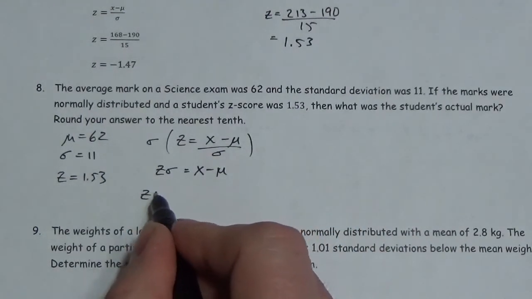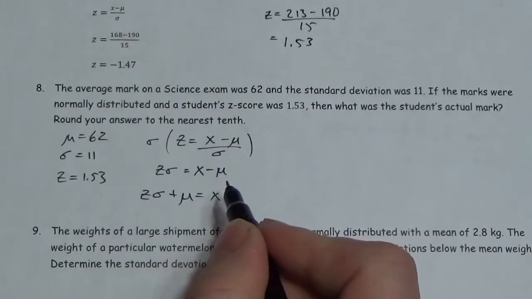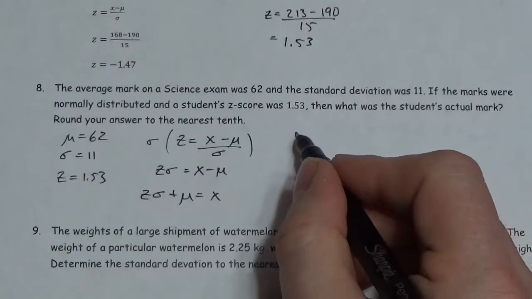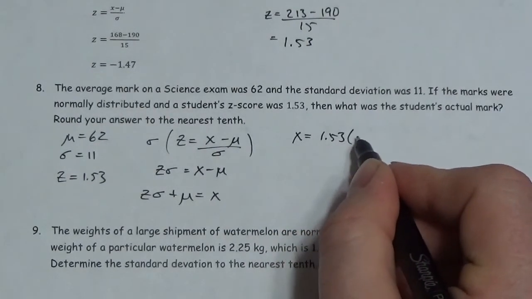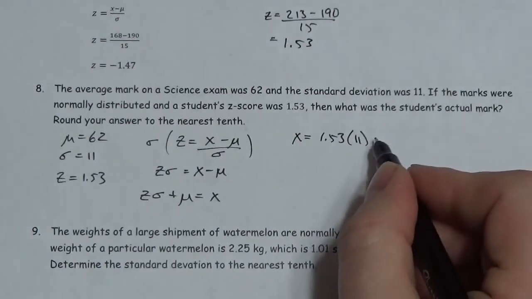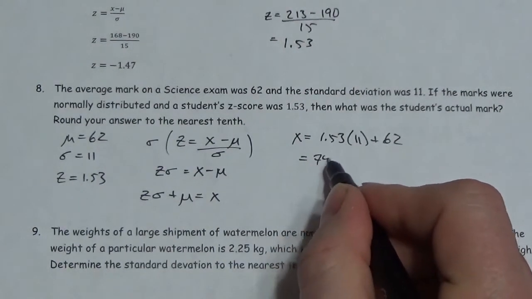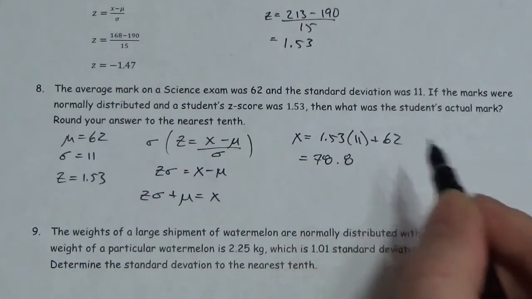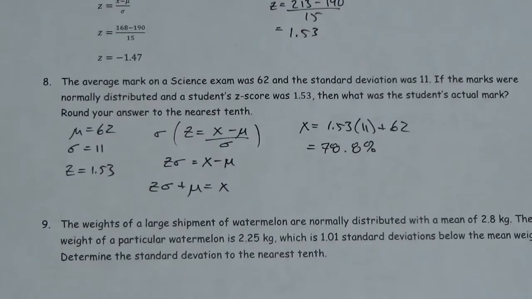So this would be the Z-score multiplied by the standard deviation plus the mean is equal to X. Now, I can do that. That's going to be 1.53, the Z-score, multiplied by the standard deviation plus the mean of 62. And when you do that, I get 78.8% to the nearest tenth. And that's how I can retrieve the actual mark from that statistical information.